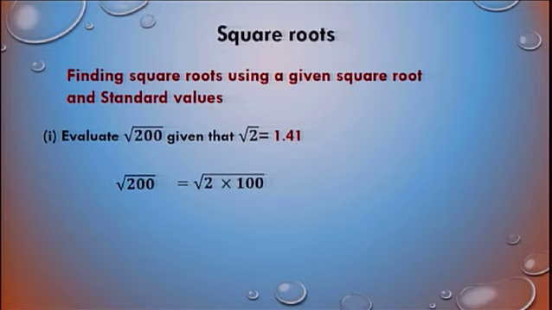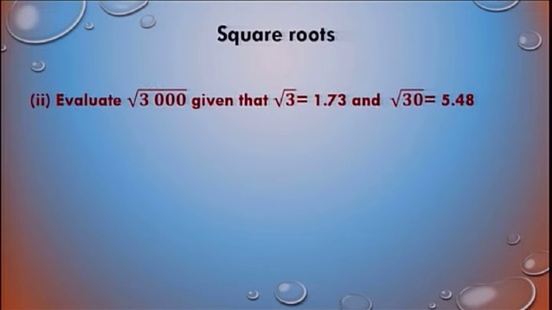Square root of 200 will be equal to square root of 2 times 100, which can be written as square root of 2 times square root of 100. The value of square root of 2 is given as 1.41. You know that square root of 100 is 10, so we are going to multiply 1.41 by 10. The final answer is 14.1.